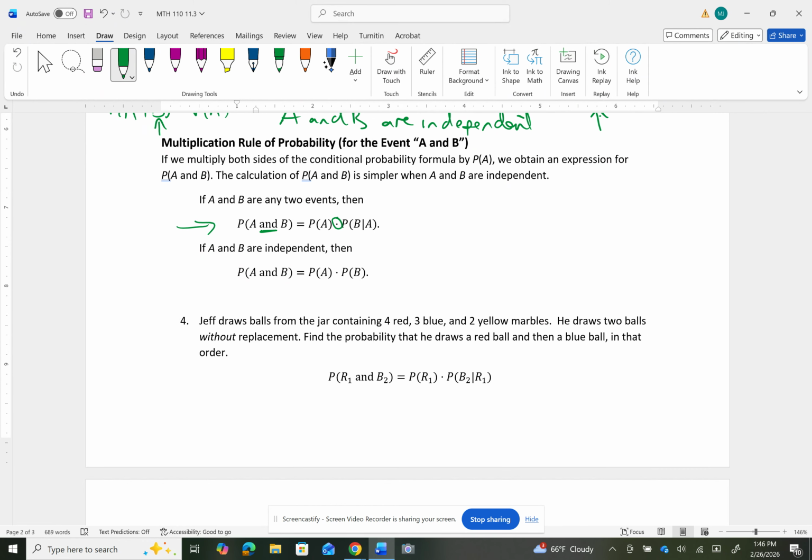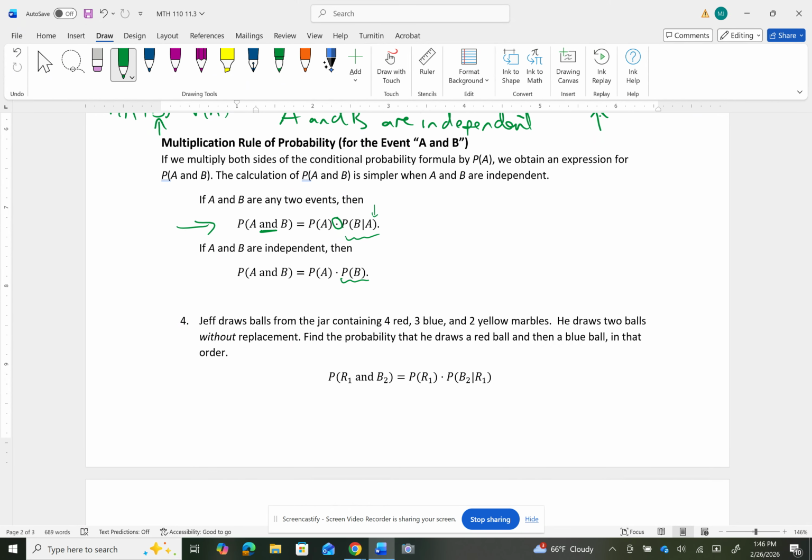Now, if A and B are independent events, then the probability of B given A happening is the same as the probability of just B, because A and B are independent, so it doesn't matter whether A happened first or not.